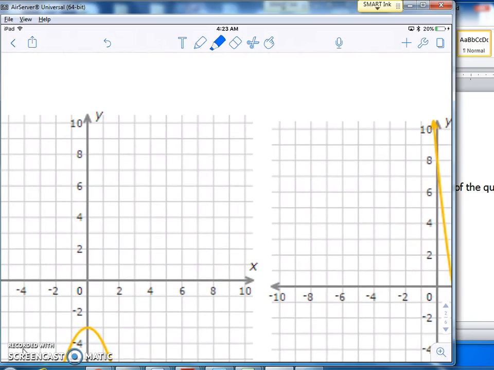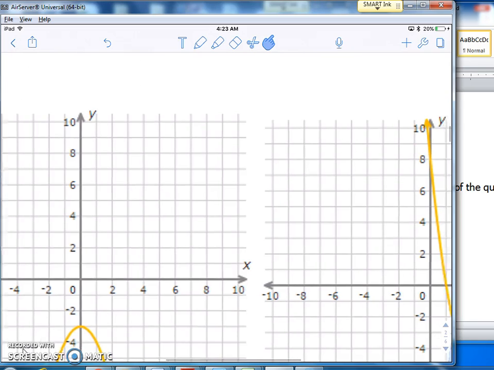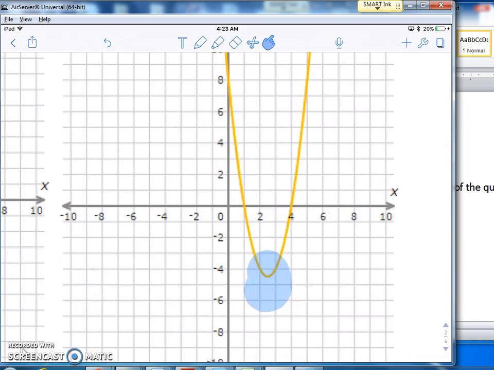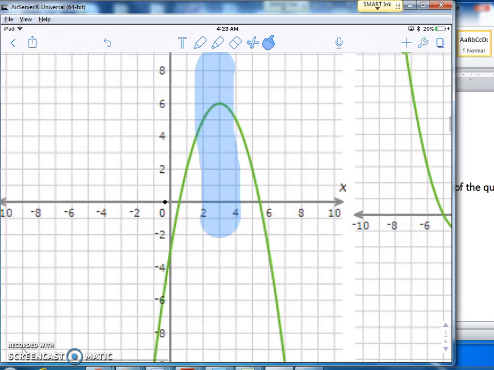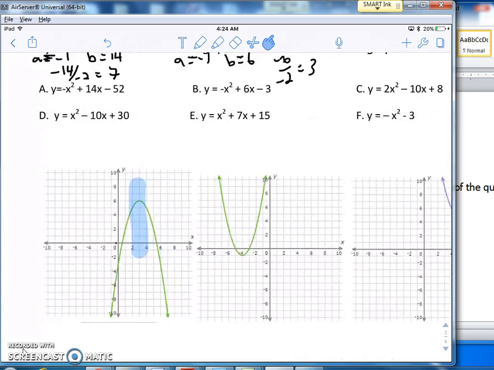Let's look at this one more closely. To me, the 3 is right here, so it's not quite at 3, and it's not quite at 2. This one sure looks like it's going to be at 2.5. That doesn't meet our criteria. I think we're down to this one. So this is graph B.